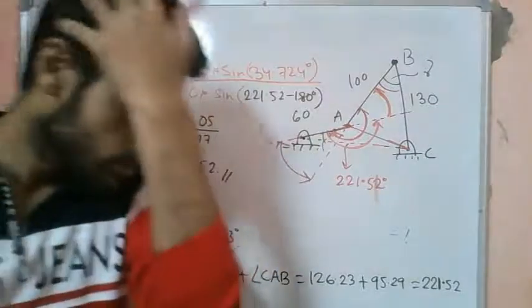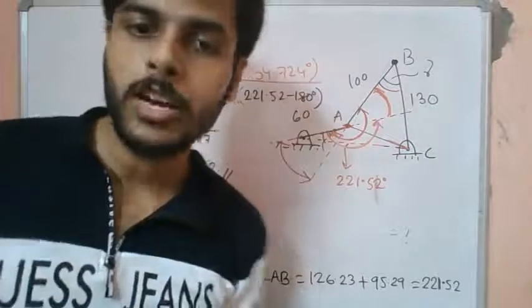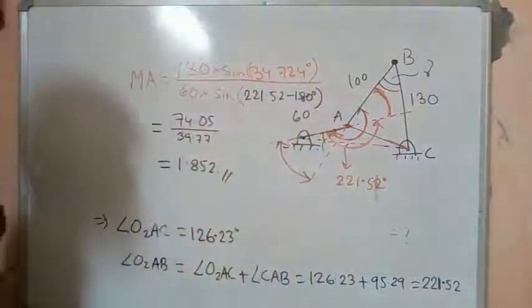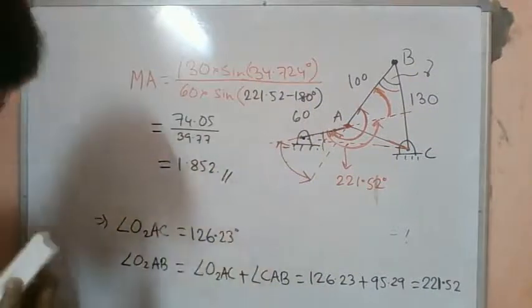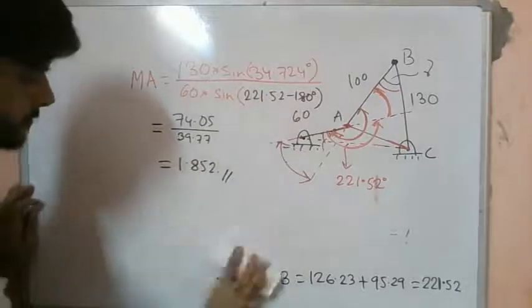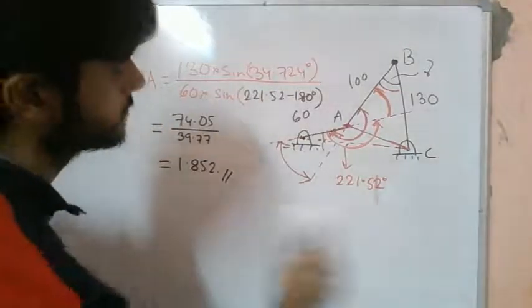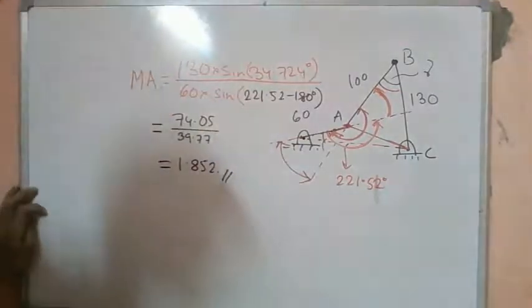There is another important aspect for a 4-bar mechanism which we call the transmission angle. Let's understand what we mean by a transmission angle.